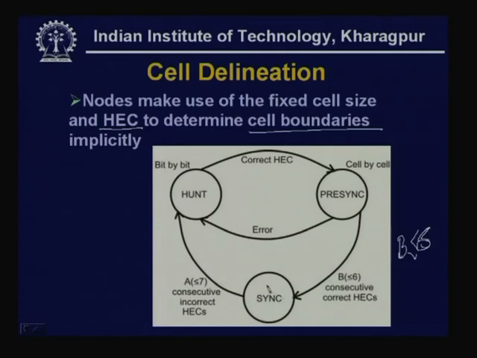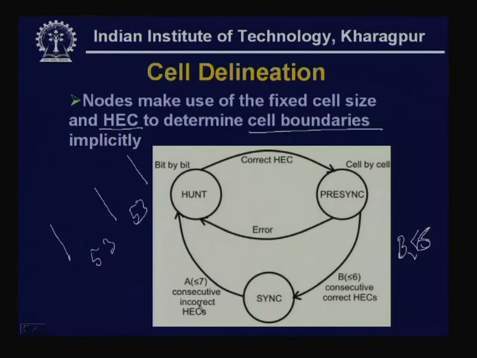Then each and every cell is now synchronized with the help of this header error correction, and as the cells arrive with 53 bytes, once it gets synchronized, then all the subsequent cells are synchronized.